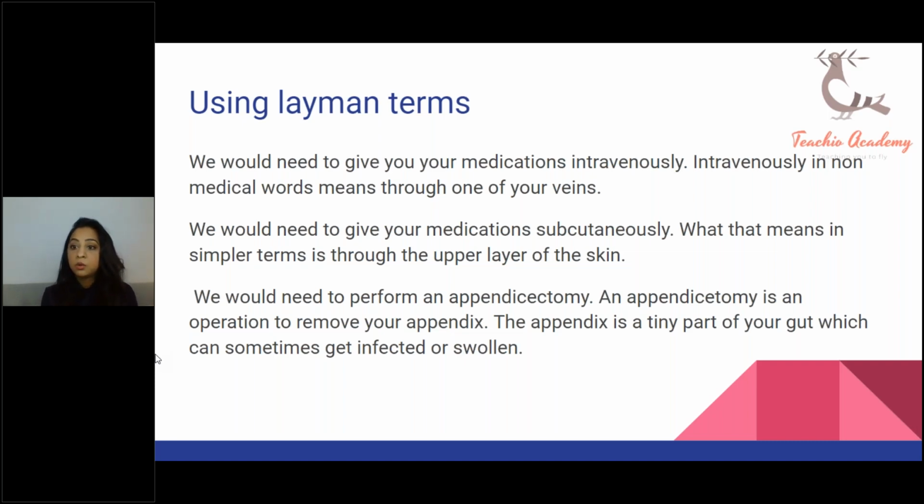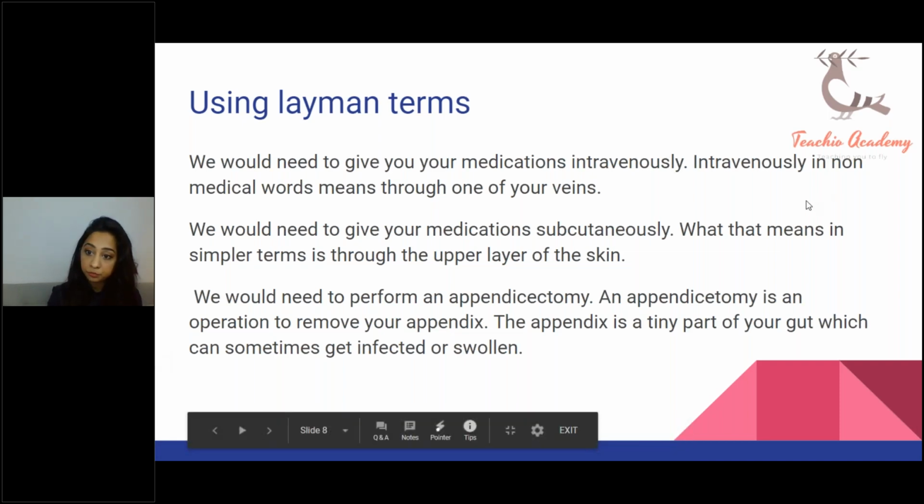Another example, we would need to perform an appendicectomy. An appendicectomy, an operation to remove your appendix. The appendix, so they might not even understand an appendix. So you can describe that by saying the appendix is a tiny part of your gut. Notice how I've said gut and not intestine, which can sometimes get infected or swollen.